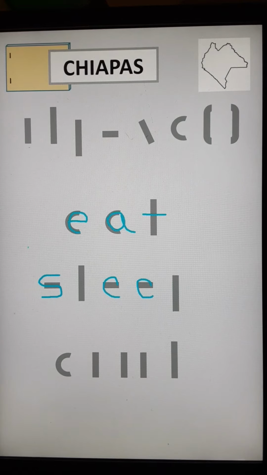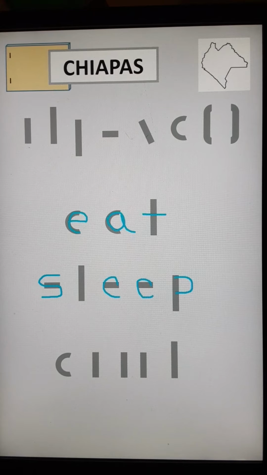And the last letter is a low. What can low be? Low can only make J or P. Sleep would be a P. So if you're working in your book, you should have eat and you should have sleep. Okay?